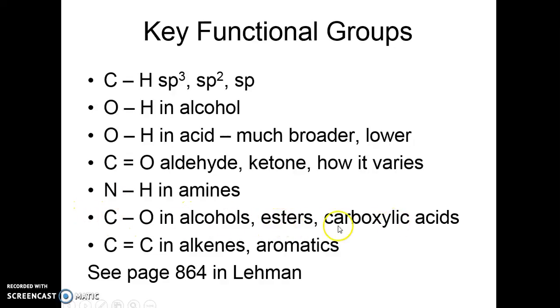These tend to be in the fingerprint region and so are hard to use for identification, but you can. And carbon-carbon double bonds, which are real easy to identify that area. It can get a little confusing sometimes because they're close to the carbon-oxygen double bond, but usually it's very easy to distinguish them. You can find a table of absorptions on page 864 in your laboratory textbook.